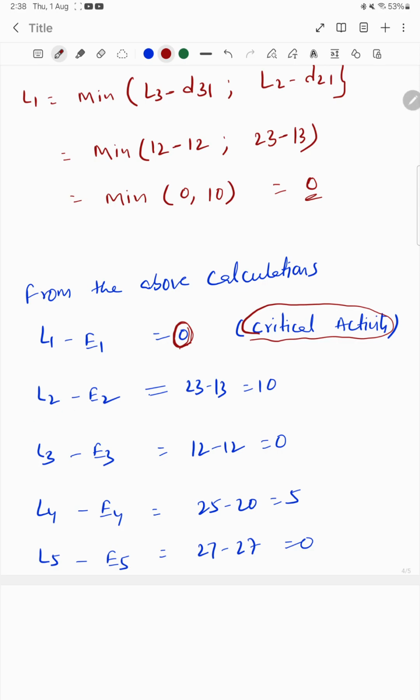But the second one has a difference of 10, which means this activity can take 10 additional days. The third one has a difference of 0, therefore it is critical. The last one is critical because we have 0.